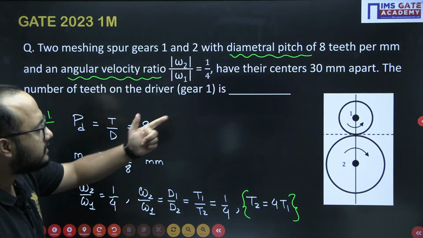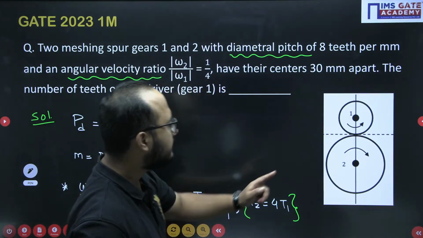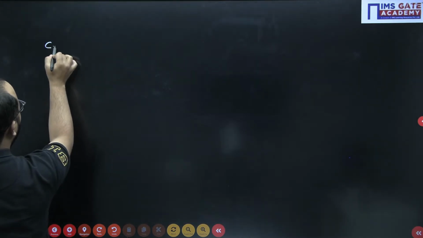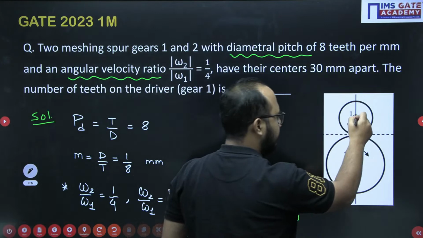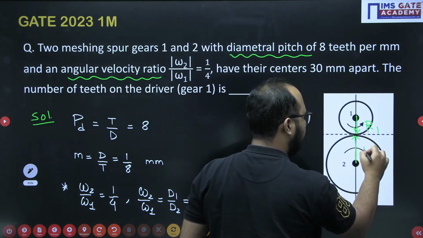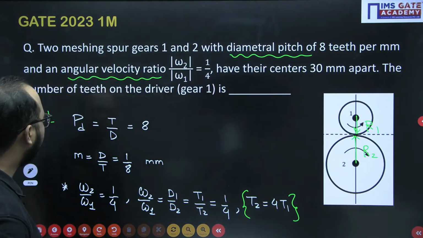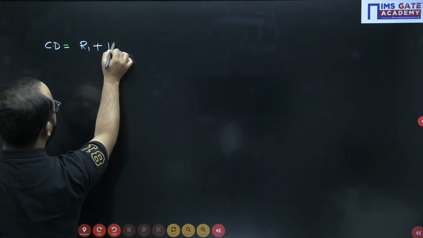Now, center distance they have given. How to utilize that data? See, if I have to write the center distance, please observe, this is the radius R1, this is the radius R2, of the pitch circles. So R1 plus R2 will be the center distance.